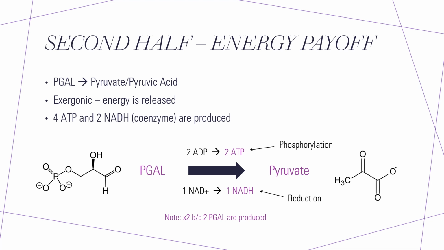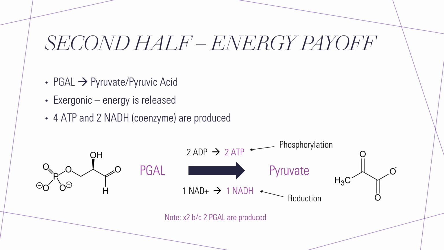Therefore, when one PGAL is being converted into one pyruvate, 2 ADP molecules are phosphorylated to make 2 ATP molecules. In short, the addition of a phosphate group, which is the process of phosphorylation, to each ADP releases energy and creates ATP.